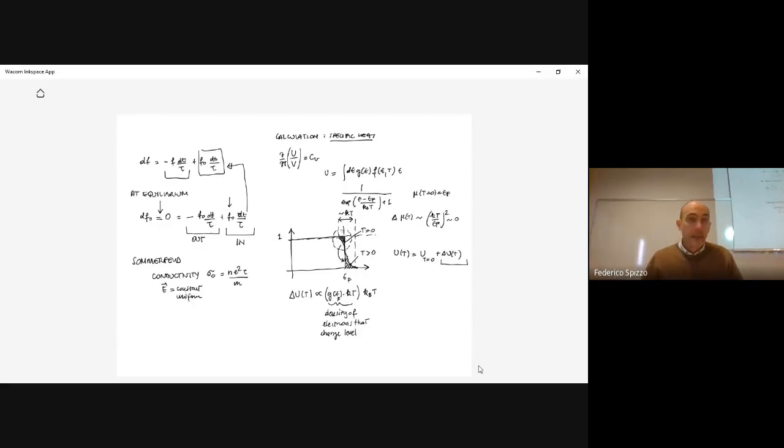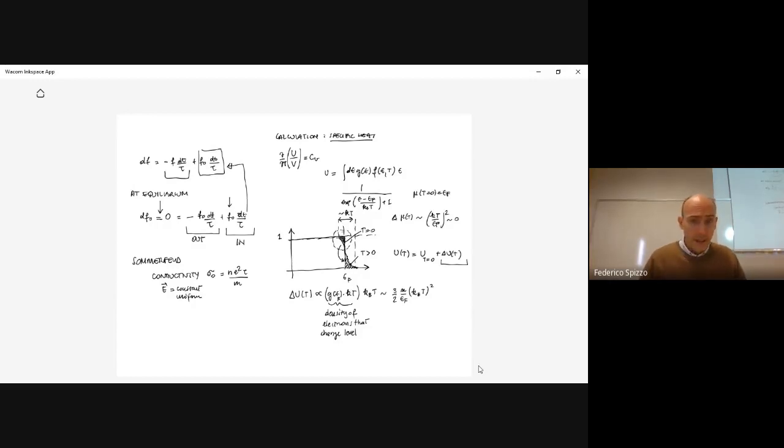Since G of EF is 3 divided by 2 times the electronic density divided by EF, and here I remove the ratio between the energy and EF because that ratio in this case is equal to 1, then I have KBT to the power of 2.